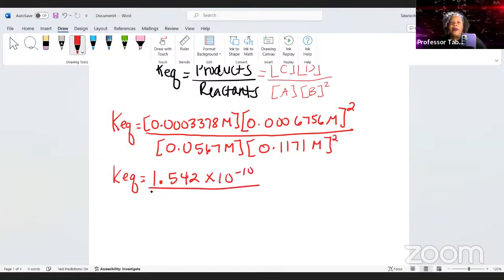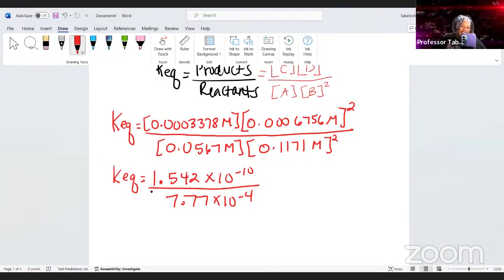All of that divided by, let's go ahead and square the next part, 0.1171. We have to square that times 0.0567. For the bottom number, I only need 3 of those digits. So on the bottom, 7.77 times 10 to the negative 4th power.